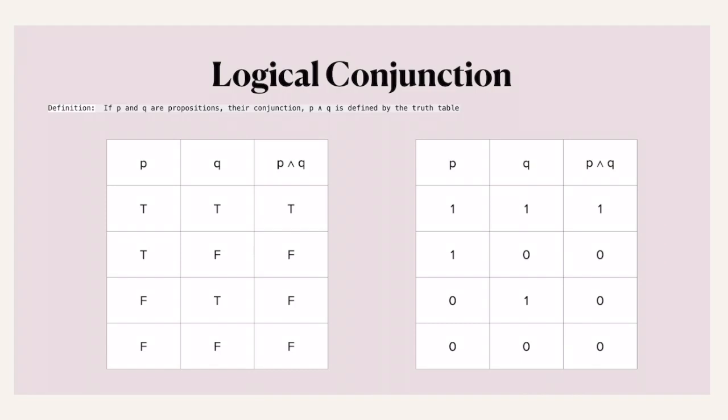So it's like disjunction, but the opposite. So let's say if P is true and Q is true, it will be true. But if P is true and Q is false, it will be false.